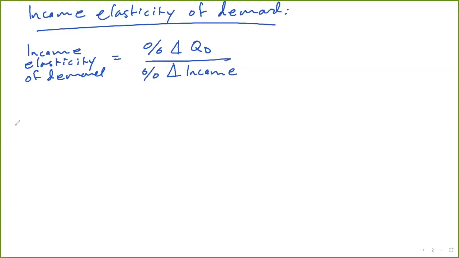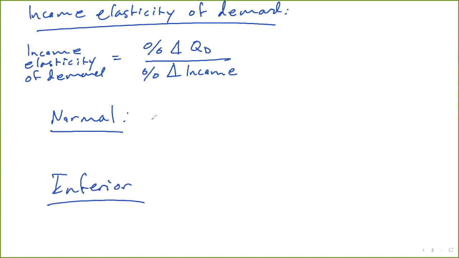And now remember back to chapter 4, which was supply and demand. We had normal and inferior goods. So a normal good was one where when income increases, demand for the good increases.